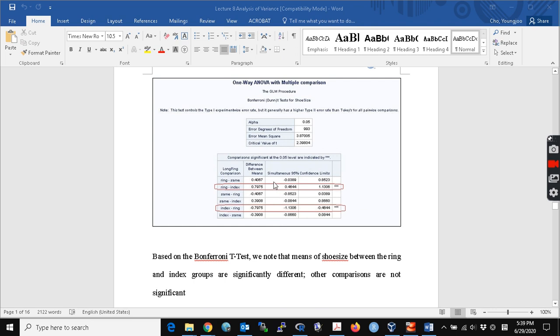Due to the Bonferroni t-test, we observe that the difference between ring and index is the only significant one. So based on the analysis of variance, we confirm that at least one pair of means is different. And for the multiple comparisons, which is a follow-up analysis from the one-way ANOVA, we confirm that the ring and index groups are significantly different, but the same and ring groups and the same and index groups are not significantly different.